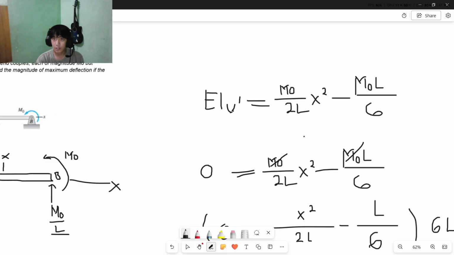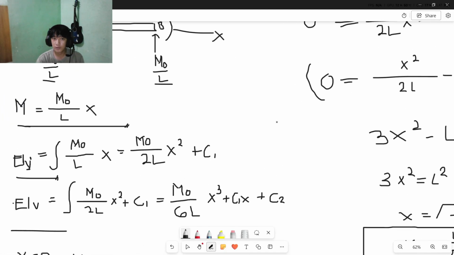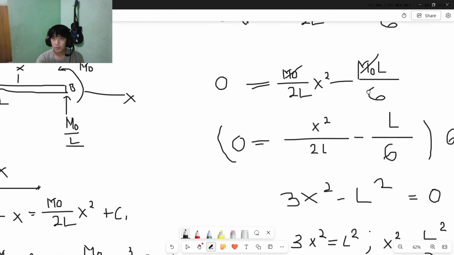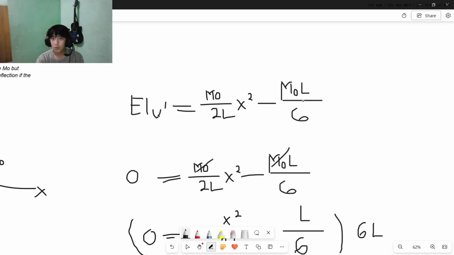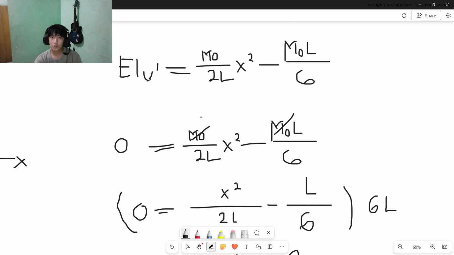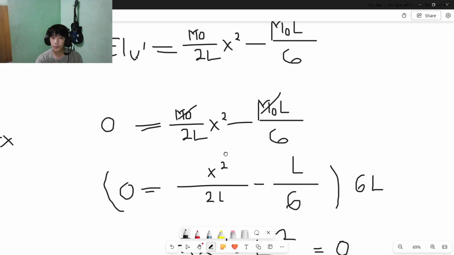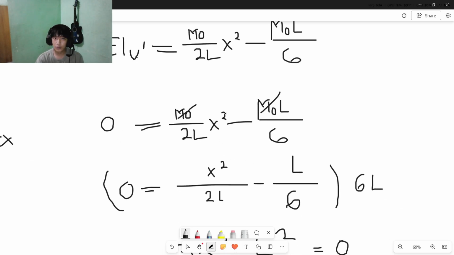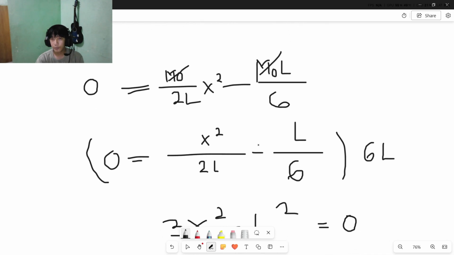And then since our C1 is negative here, it's going to be minus M sub O times L over 6. So we set that to 0 to find our x. So here we can cancel our M sub O, and we get that it is equal to x squared over 2 times L minus L over 6.